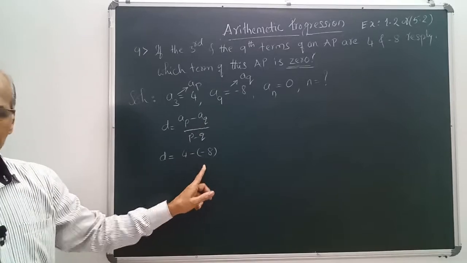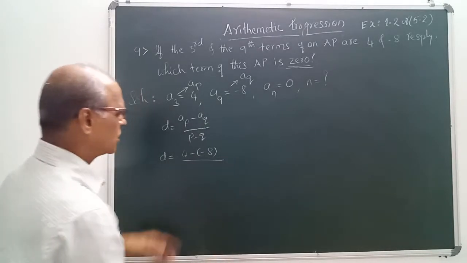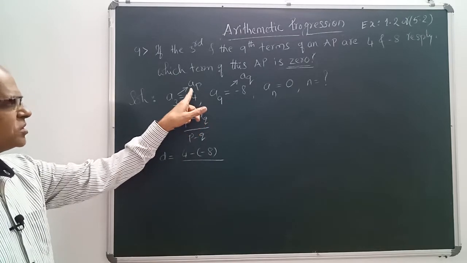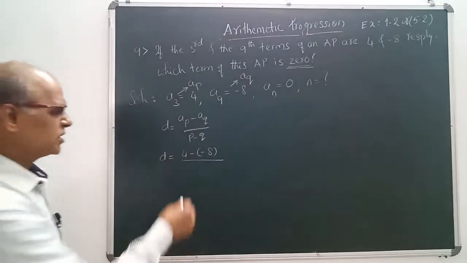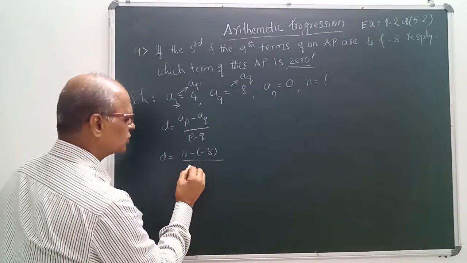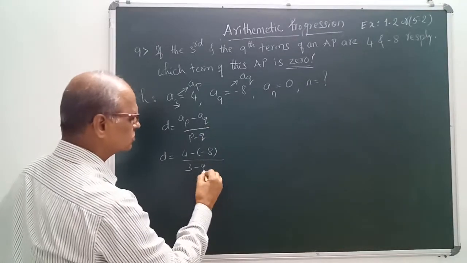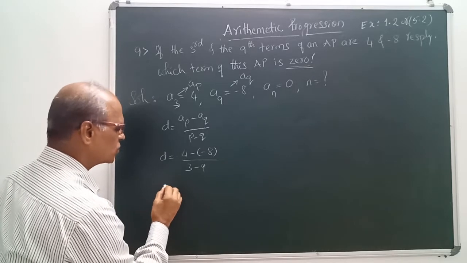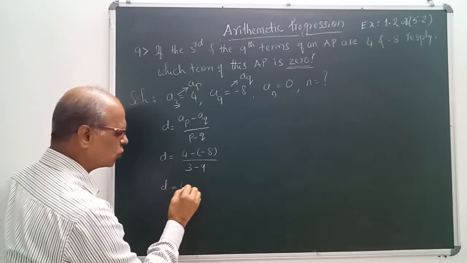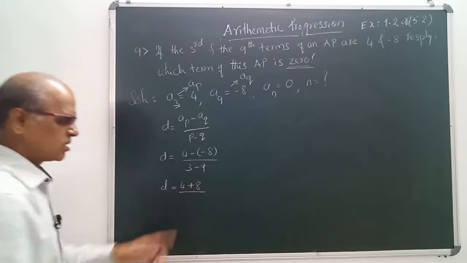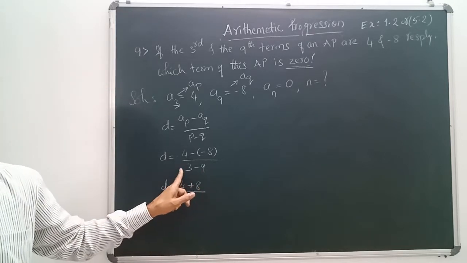In the bracket minus 8, divided by what we have taken as AP? AP we have taken as 4. Then P means the third term, 3, and Q is the 9th term. Right. So d is equal to 4 minus into minus is plus 8 divided by 9 minus 3 is 6.